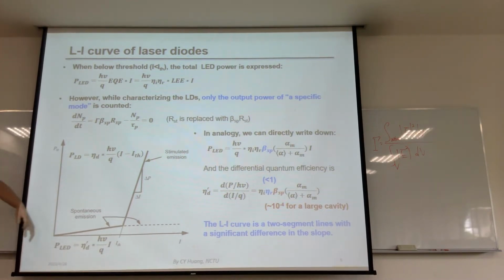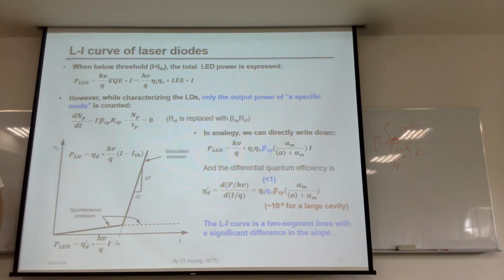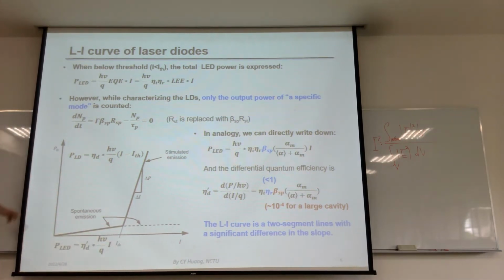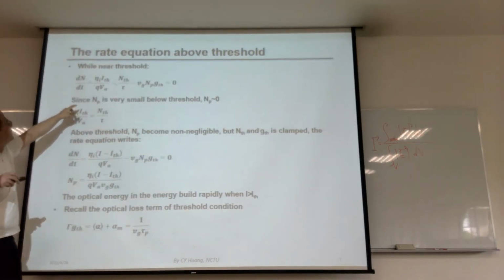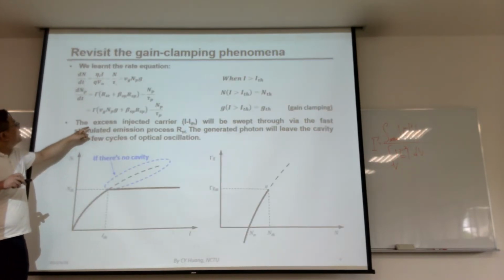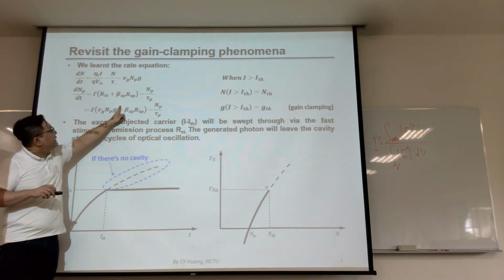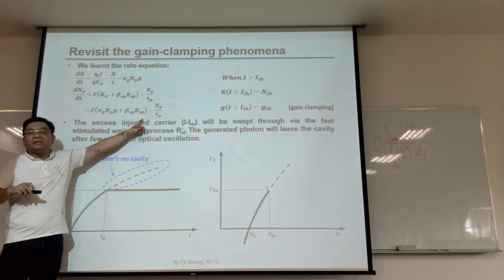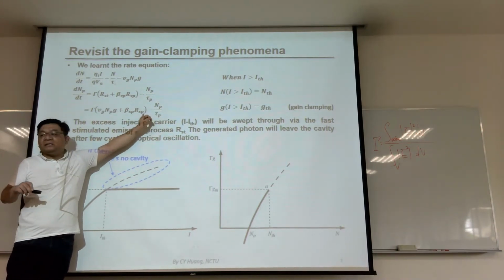Alright, so what happens if we consider the part below the threshold? What will be neglected? After lasing, we neglect the spontaneous emission.